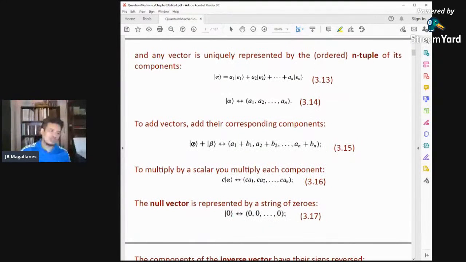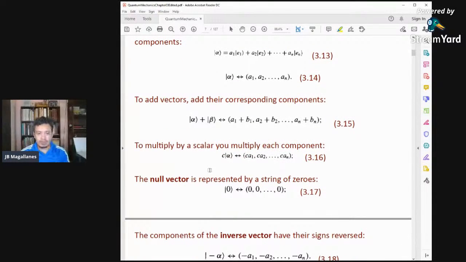To add vectors in n-dimensional space, you have the components of the vectors. Then you can add two vectors by adding corresponding components. So for alpha, you have A1, A2, until AN, and for beta, you have B1, B2, until BN. For the sum of alpha and beta, you add corresponding components: the first component is A1 plus B1, the second is A2 plus B2, and the nth component is AN plus BN.